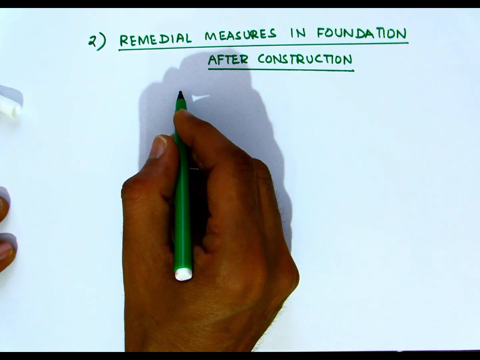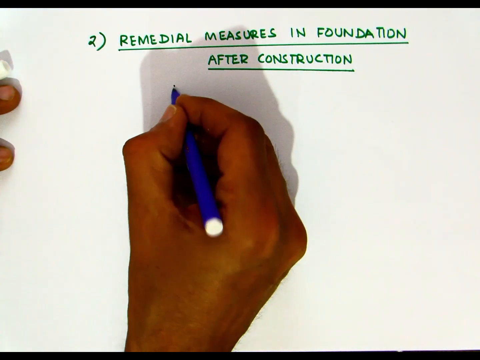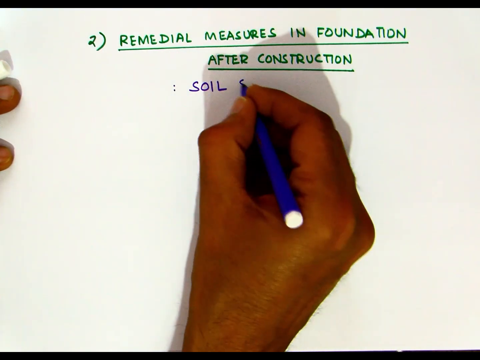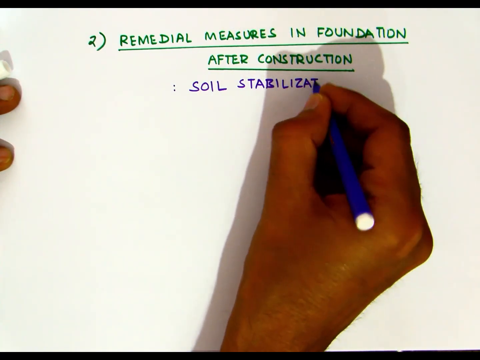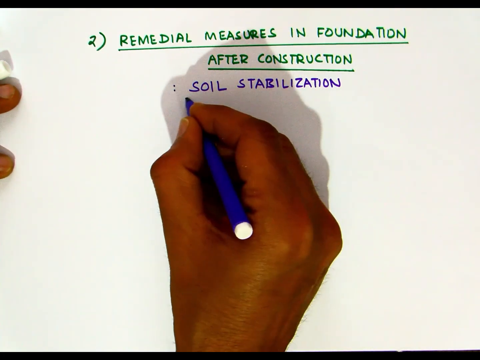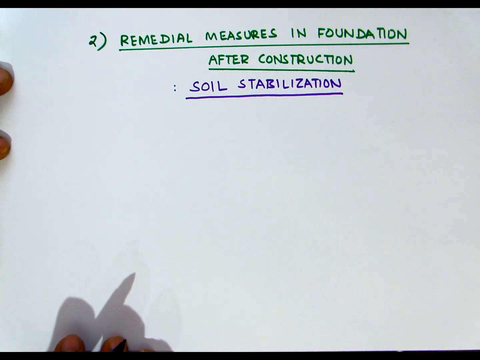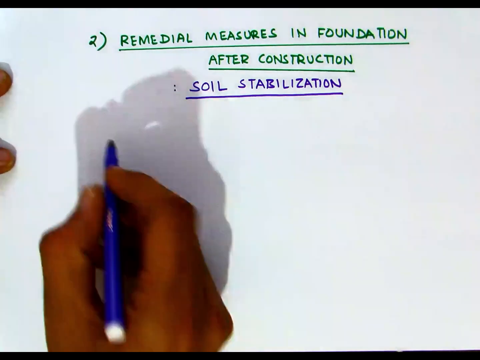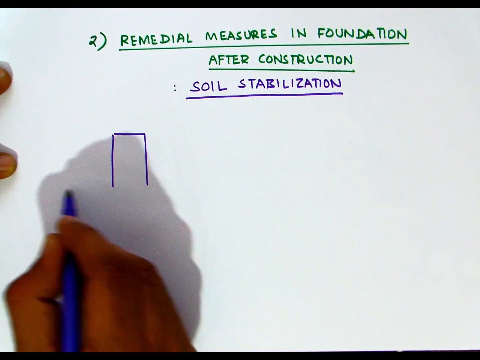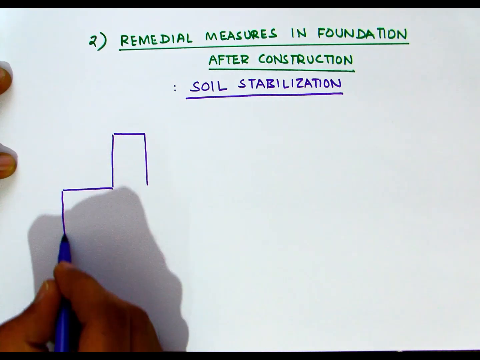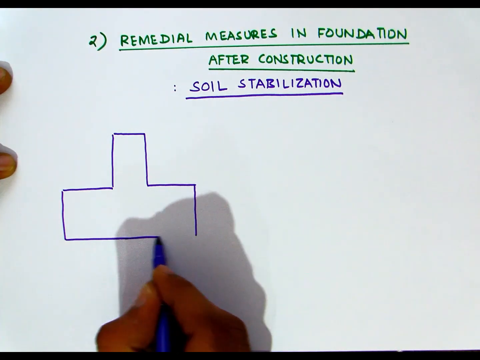One such method is soil stabilization, which can be applied post construction. Essentially, it means that we increase the stiffness of the soil underlying the foundation system. So let's say we have the foundation system already constructed with the machine sitting at the top and operating.